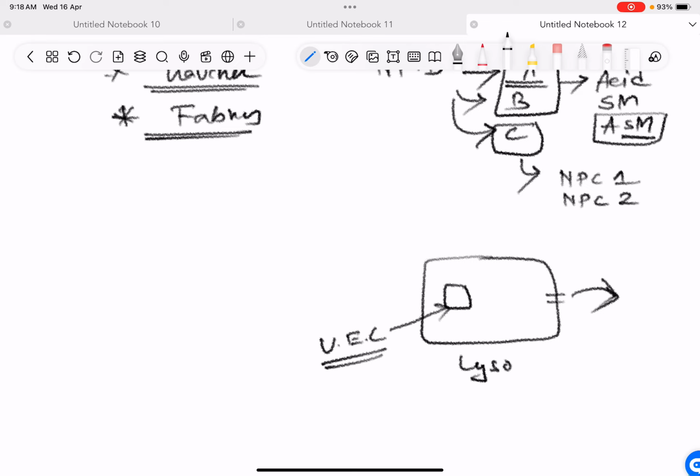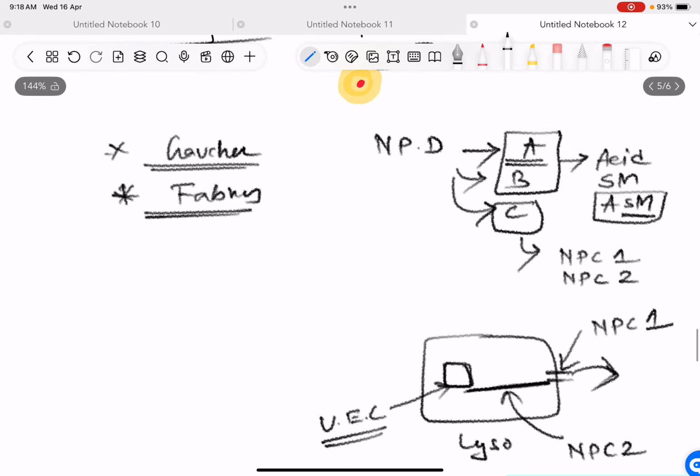For this purpose, one carrier protein will carry it towards a transporter protein, and then this transporter protein will pump it out. The carrier protein is produced by the gene NPC2, and the transporter protein is produced by the NPC1 gene.